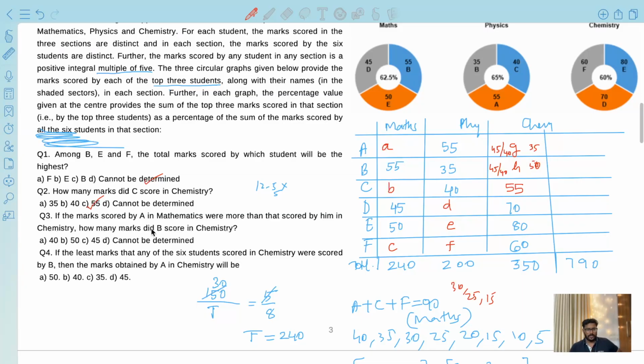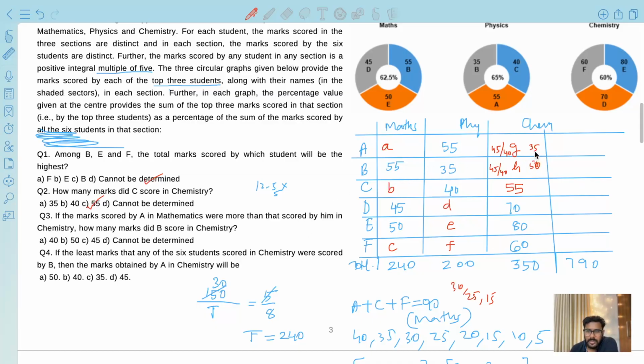If the marks scored by A in mathematics were more than that scored by him in chemistry, how many marks did C score in chemistry?